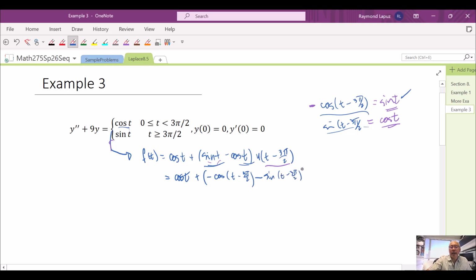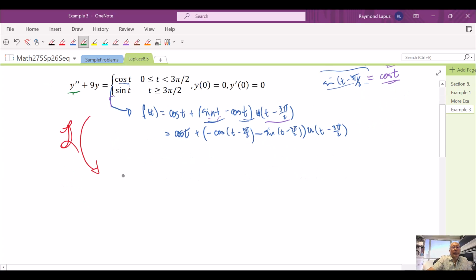And now I have functions that match with the unit step function shift, t minus 3 pi over 2. All right, now I will be ready to do the Laplace transform into the Laplace world.